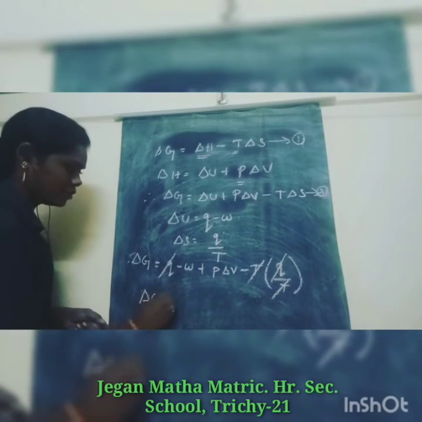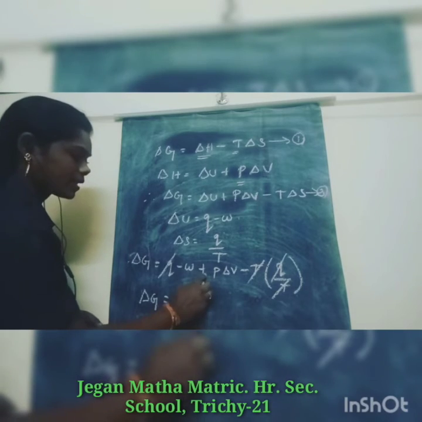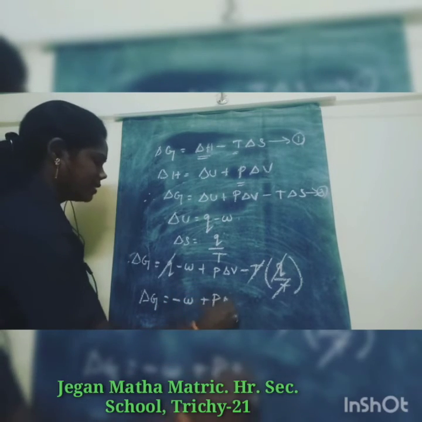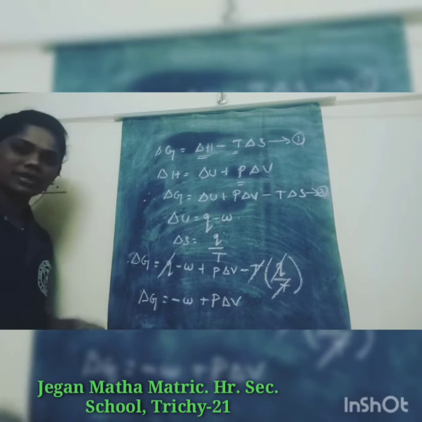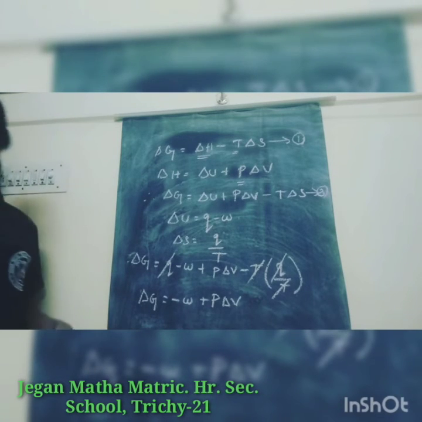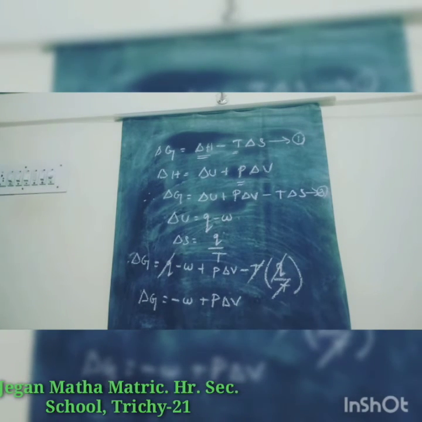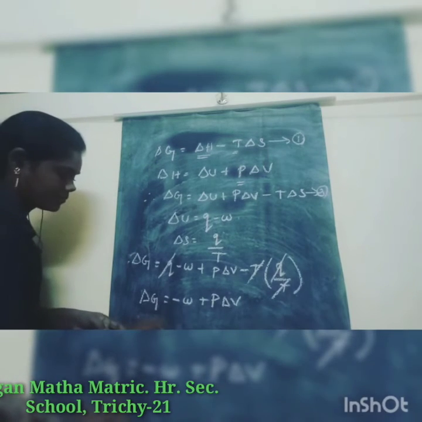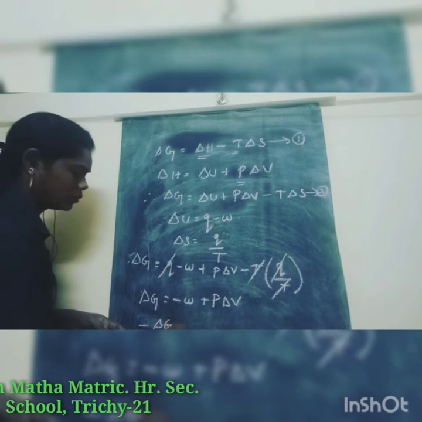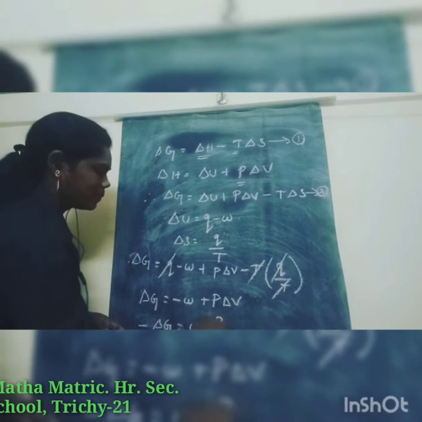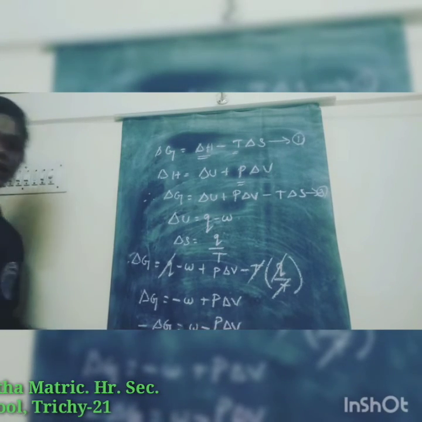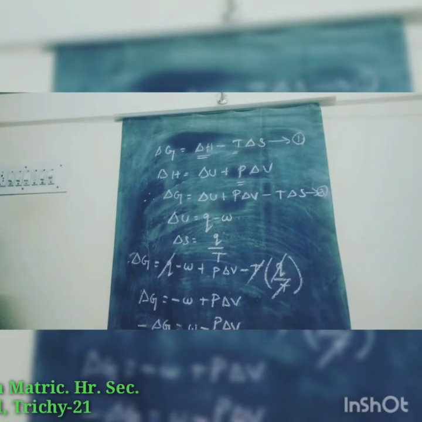Del G is equal to minus W plus P del V. Now multiply by minus, so this equation becomes minus del G is equal to W minus P del V. Here, minus P del V represents the work done due to expansion against a constant external pressure.